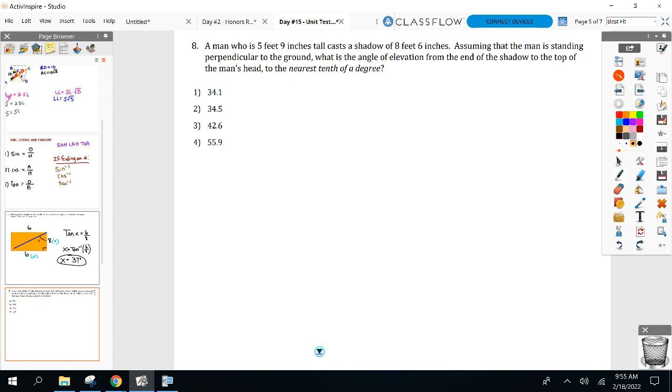I always love these types of questions. I'll tell you why in a minute. So you have a man who is 5 feet 9 inches. All right, here we go. Can we have a real life discussion here? Reality check, common sense check.